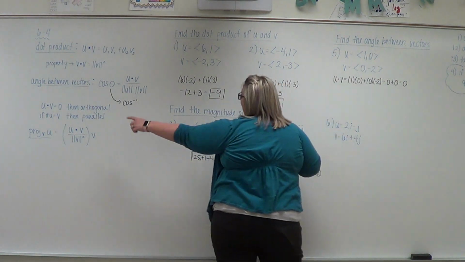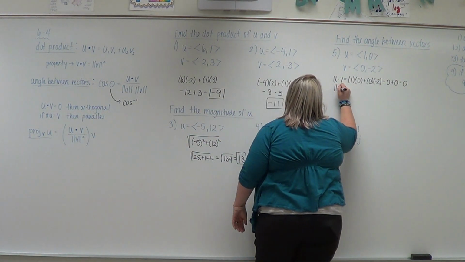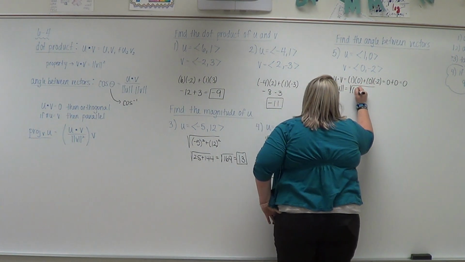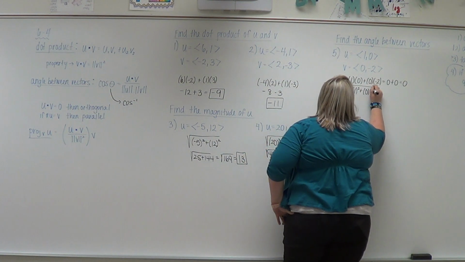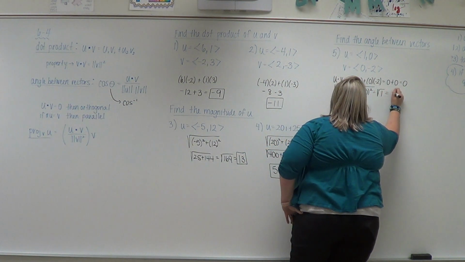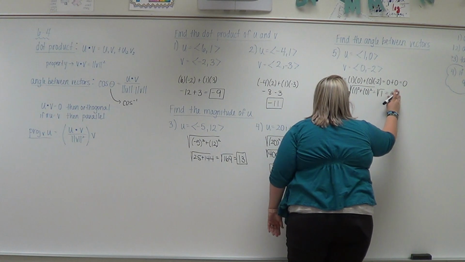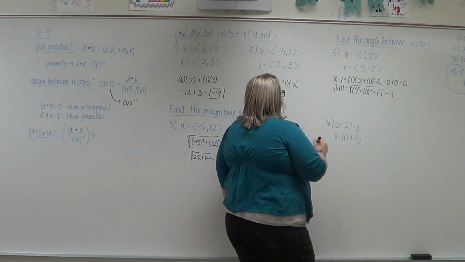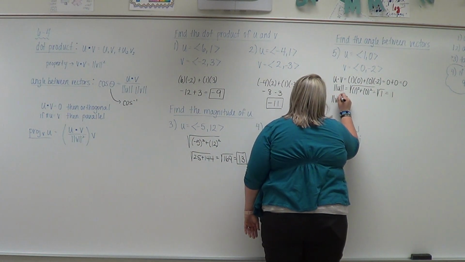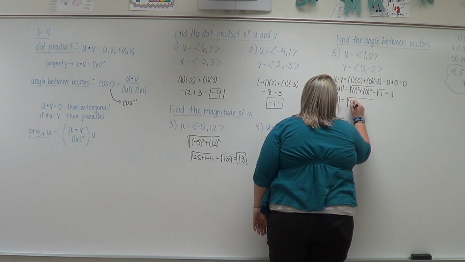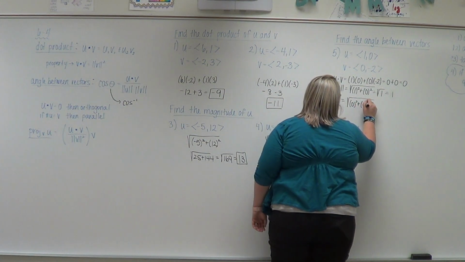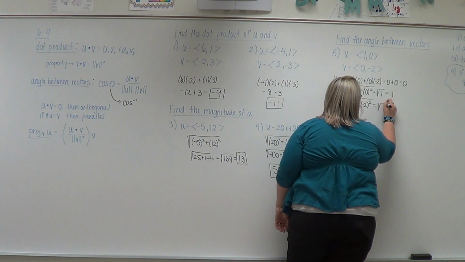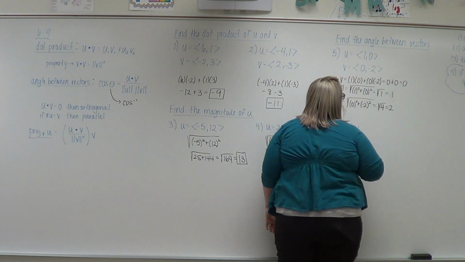Then I need to know the magnitude of u. The magnitude of u is the square root of 1 squared plus 0 squared, the square root of 1, which is 1. Then the magnitude of v is the square root of 0 squared plus negative 2 squared, the square root of 4, which is 2.